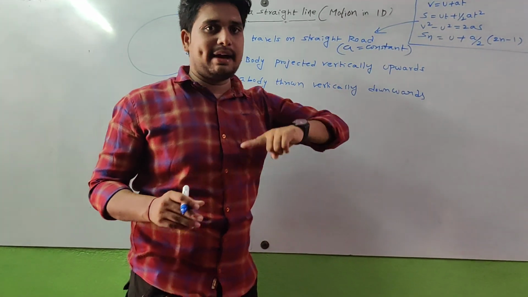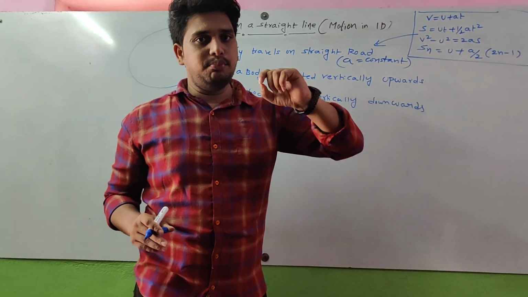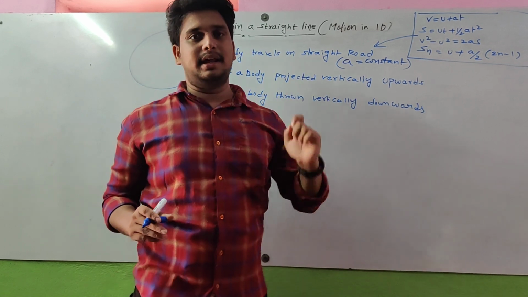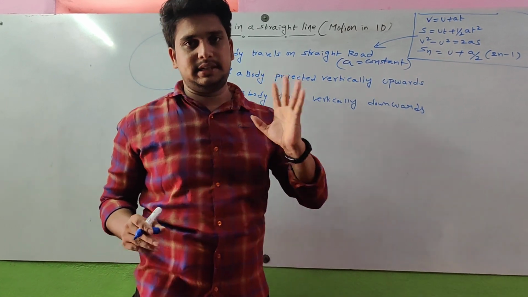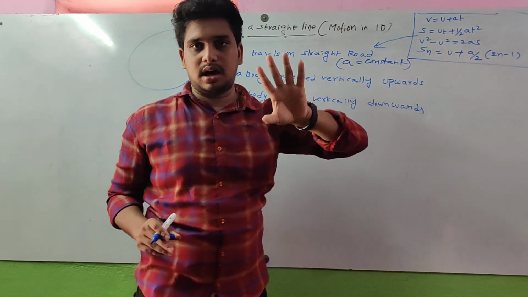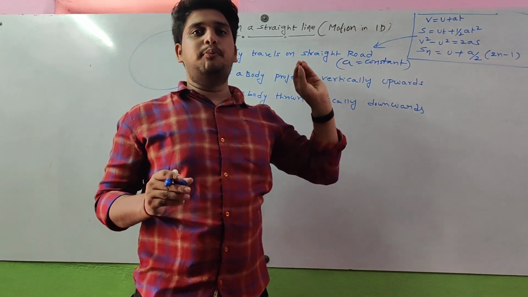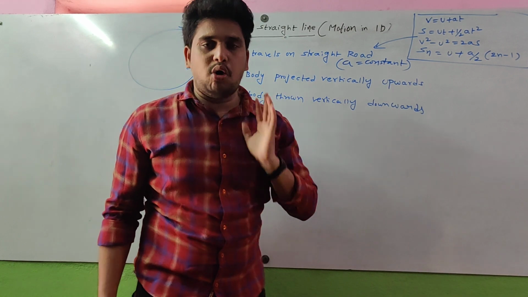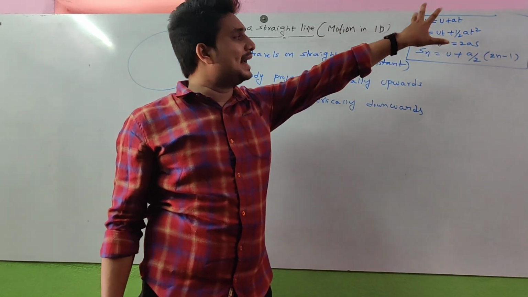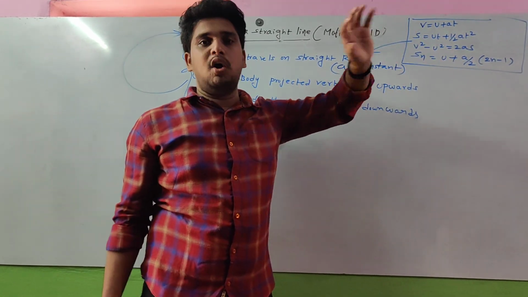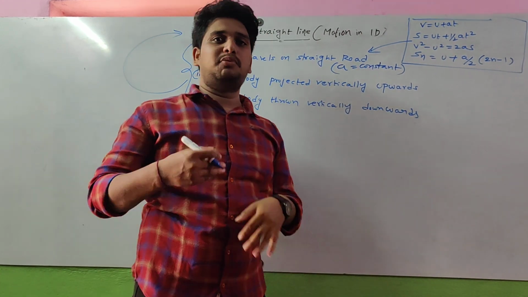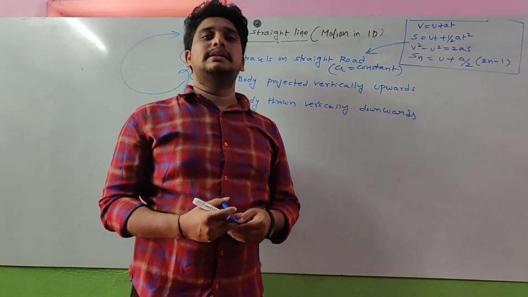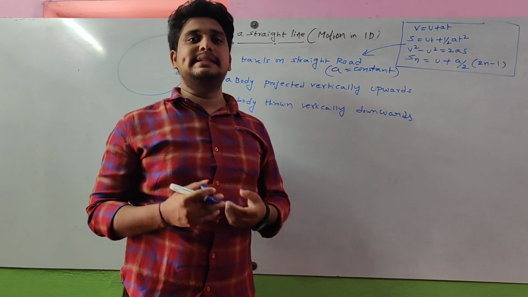If your body travels on a straight road with constant or uniform acceleration, these four equations are valid. If a body is projected vertically upward or downward, some small correction is needed in these equations. Why we correct and what value we need to correct, all of this we discuss in this lecture.